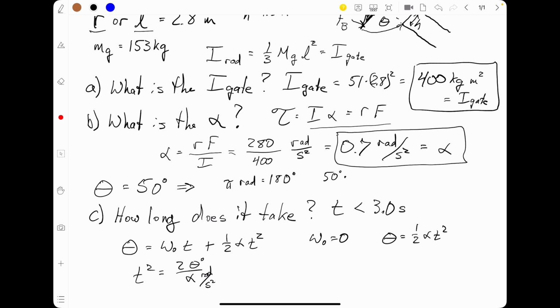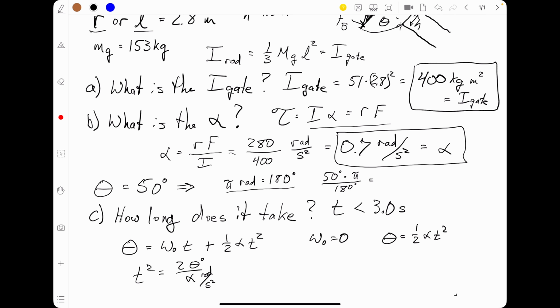If you divide one of these by the other, you get 1. So I'm going to multiply my 50 degrees by pi and divide by 180 degrees.